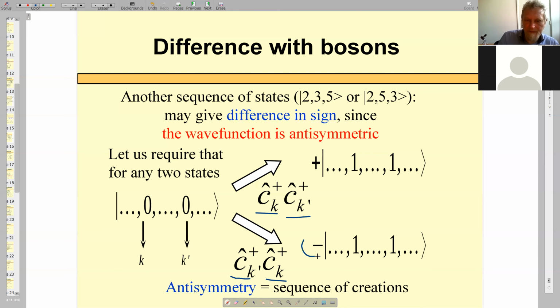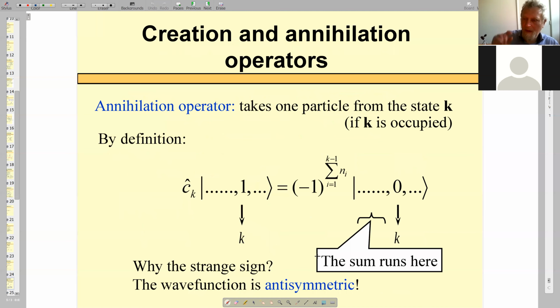Let's see. Now I'm ready to give the definition of the annihilation operator for fermions. It's a bit tricky.